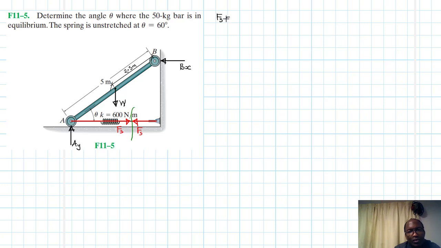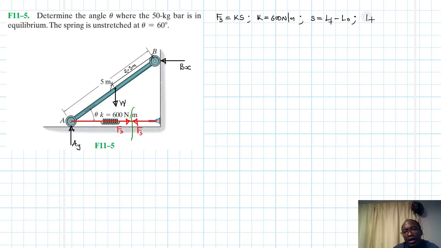Fs is equal to, according to Hooke's law, the spring constant times the stretch, and K itself is given already, equal to 600 newtons per meter, and S is equal to L final minus L naught. We've been told that the spring is unstretched at theta equal to 60.